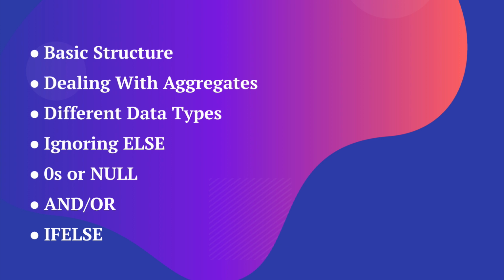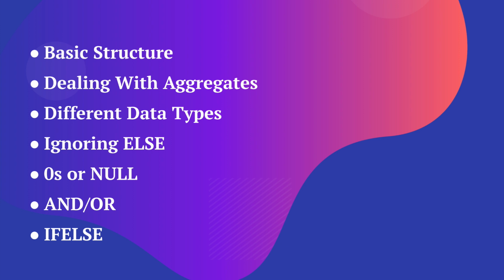In tip 3, we discussed how you need to have the same type of data, a string for a string in the if and else statement, or a numeric value for both parts, or a date. But no matter what, they have to be the same. In tip number 4, we talked about how you can ignore the else statement.